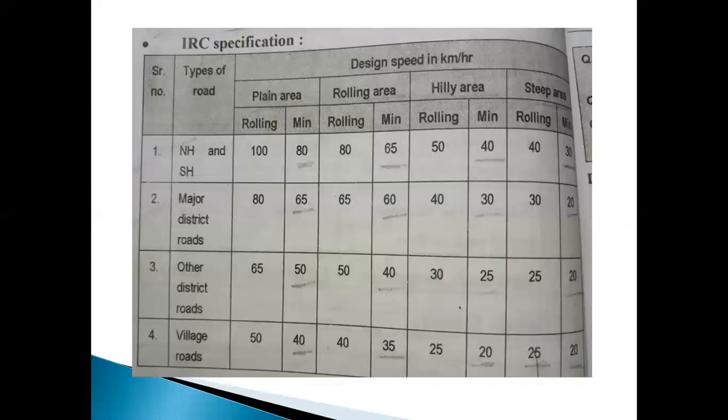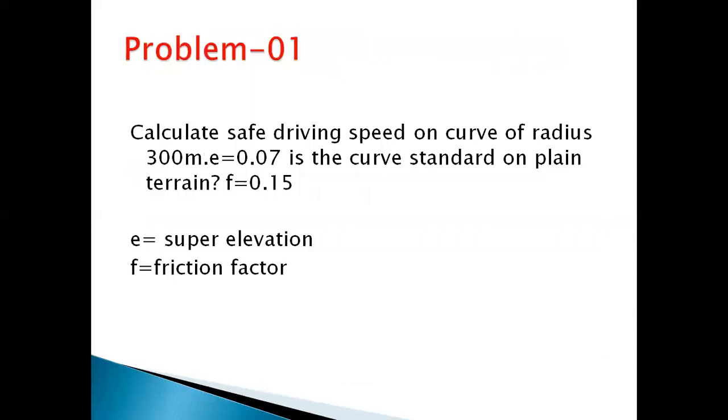Then there is the IRC specification for the road design speed. Then the next point is problems on design speed. Now in this lecture we will see one problem of design speed.